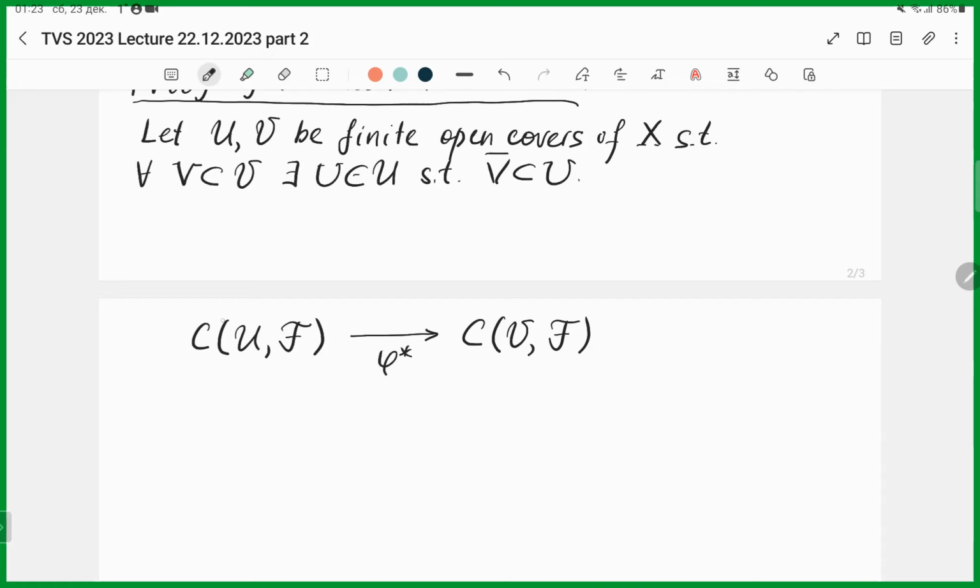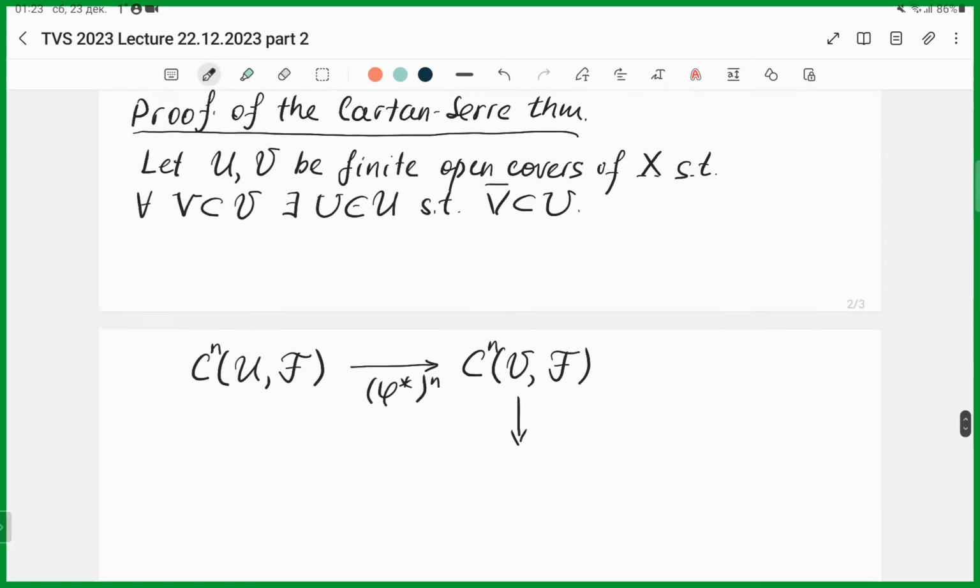So we'll consider its nth component. And let's observe that this map is binuclear. Oh, sorry, I forgot to explain this in more detail. Why such open covers exist, and they do exist for the following reason.